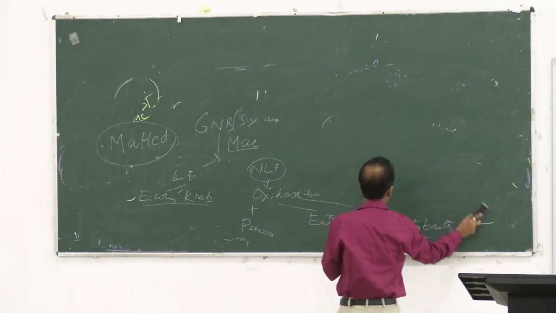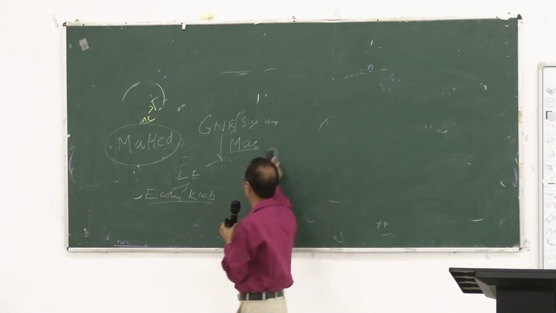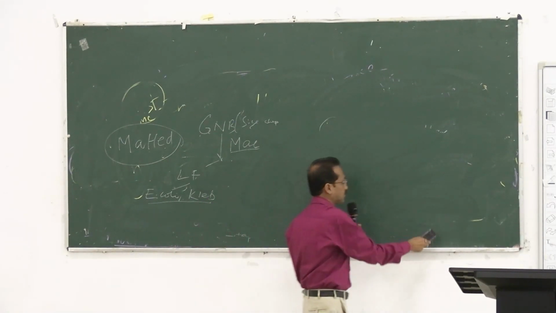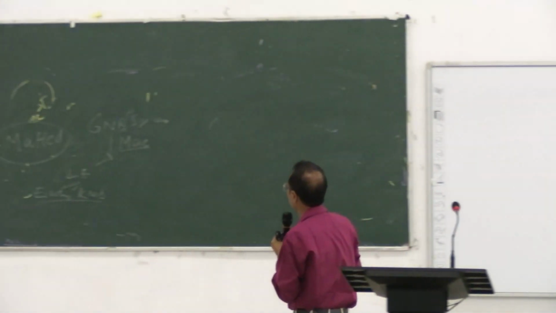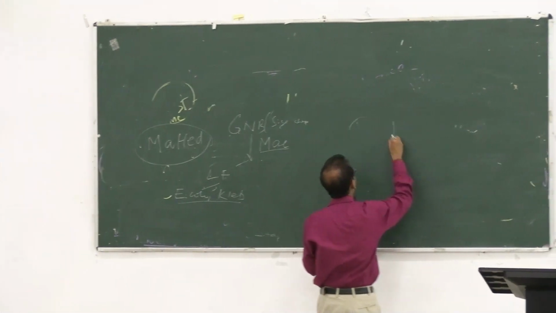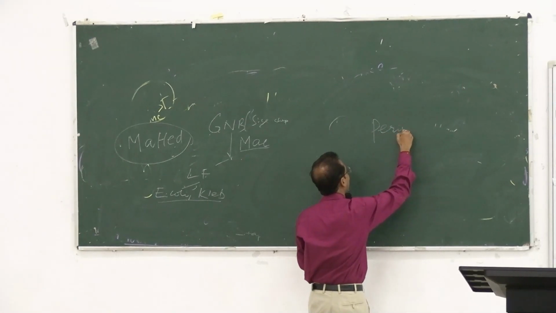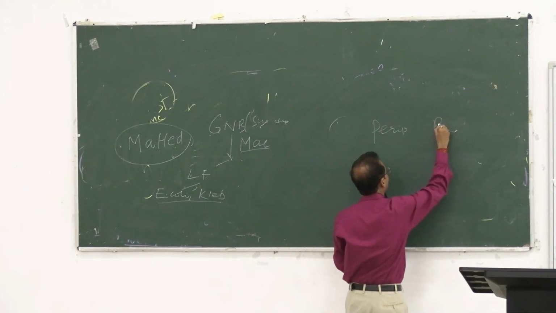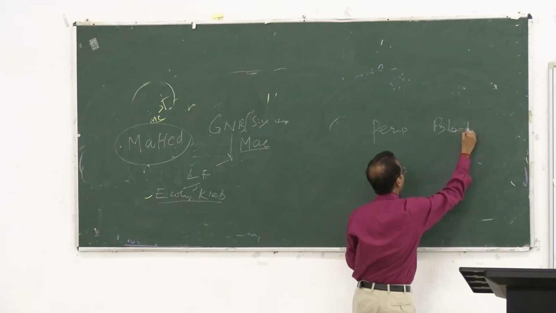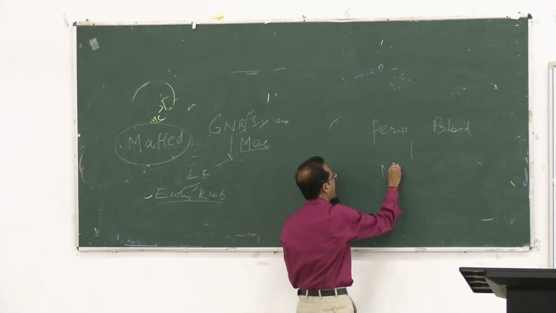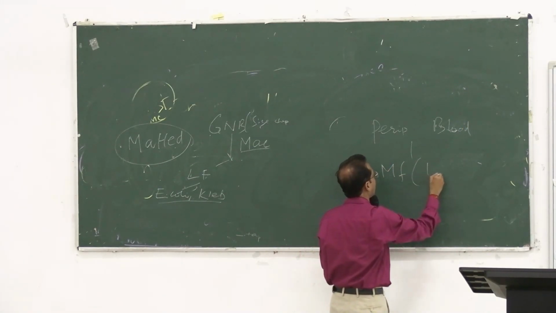So what do you want to see? In case of peripheral blood to be taken, what is seen? Look for the microfilariae, the larval form.